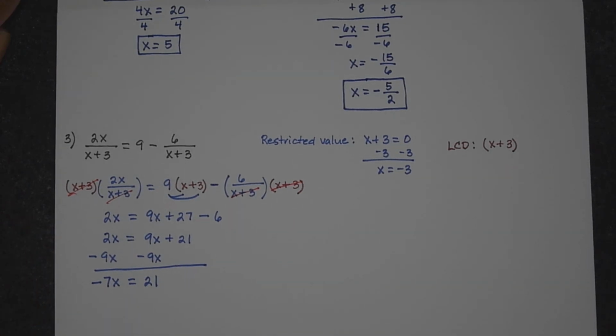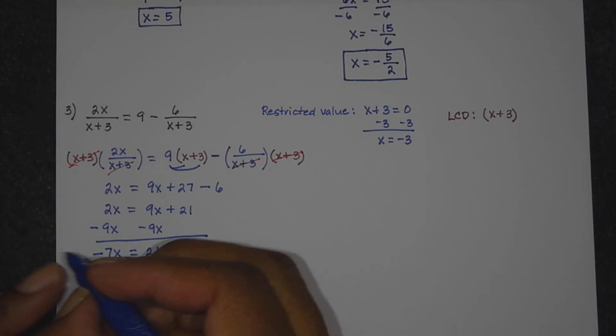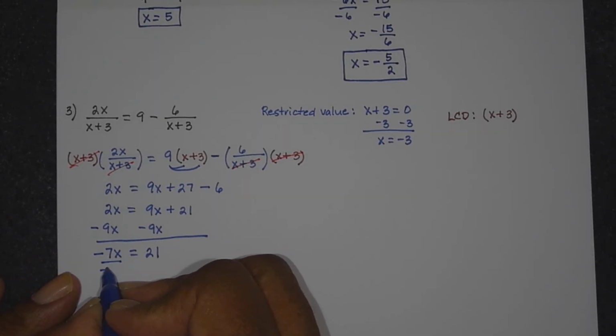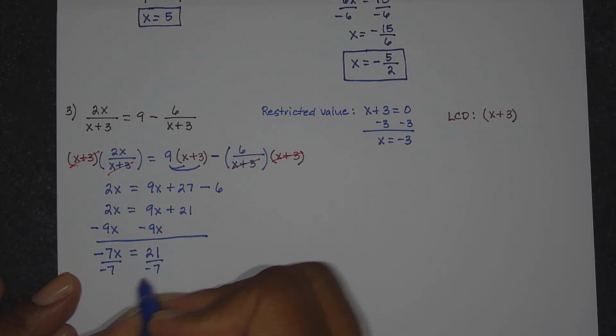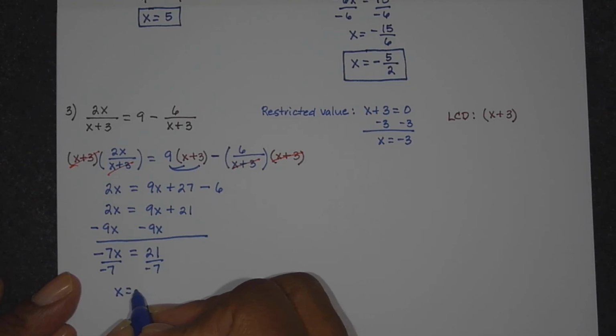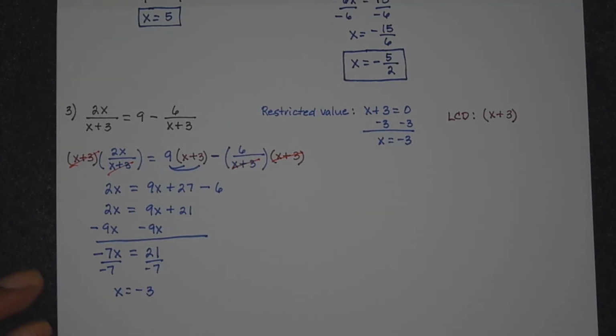And to get x by itself, I need to do what? Divide both sides by negative 7. And x will be equal to negative 3. Now, is x equal to negative 3 my restricted value?